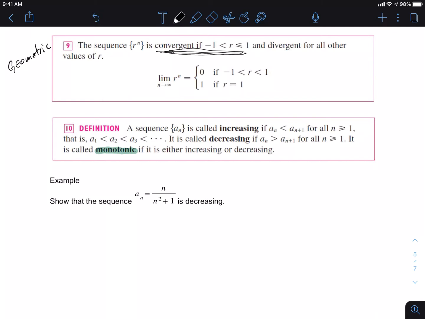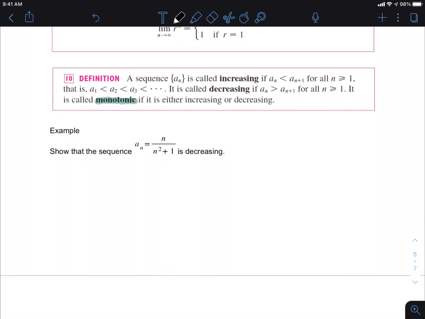So show that the sequence a sub n is equal to n over the quantity n squared plus 1. And so to do that, what we need to show, and it's something I should write down for you, we must show that a sub n plus 1 is going to be smaller than the previous term, right?